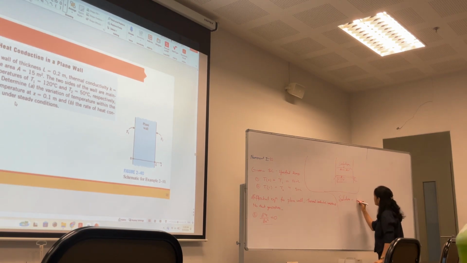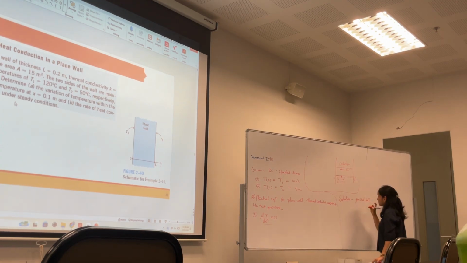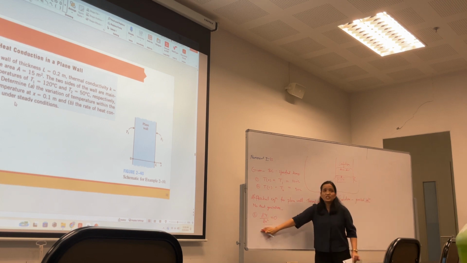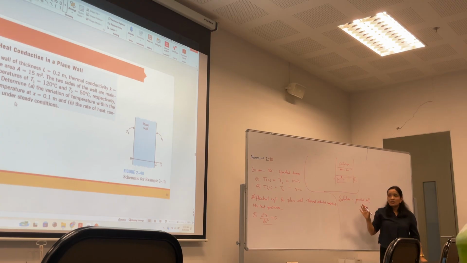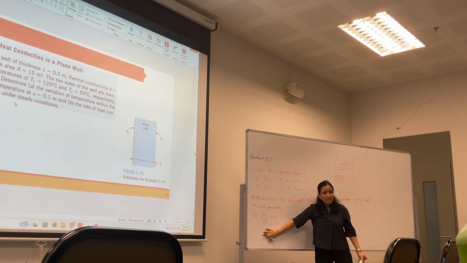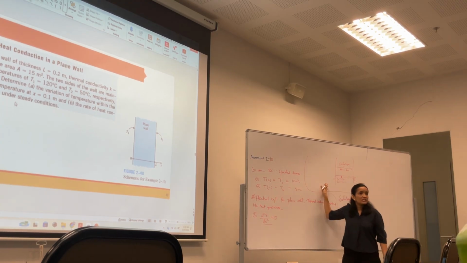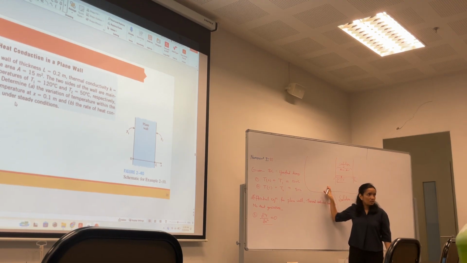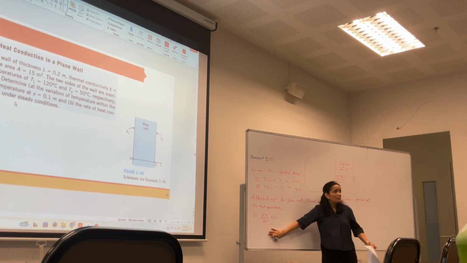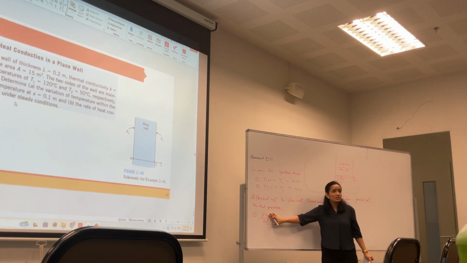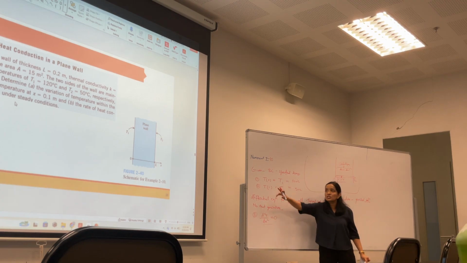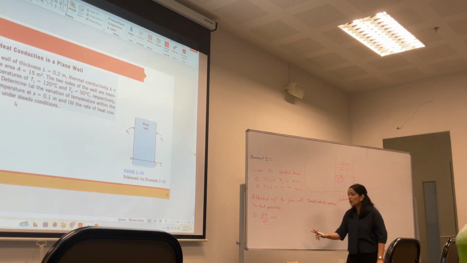General solution we call it. This equation is for any plane wall. We need to find one equation which is only for this wall. This equation is for any plane wall which has constant thermal conductivity and no heat generation, but we need one equation only applicable for this wall, which has these boundary conditions. So how will we do that?